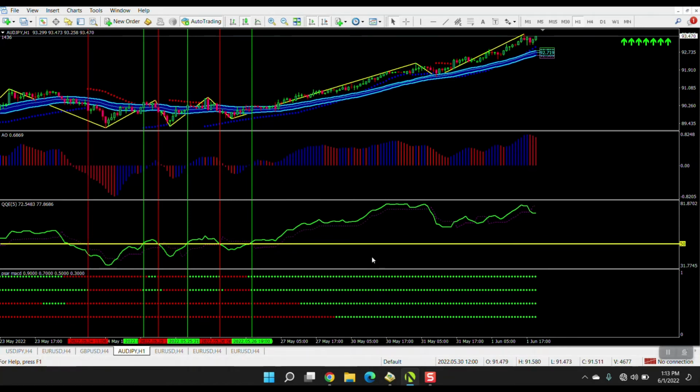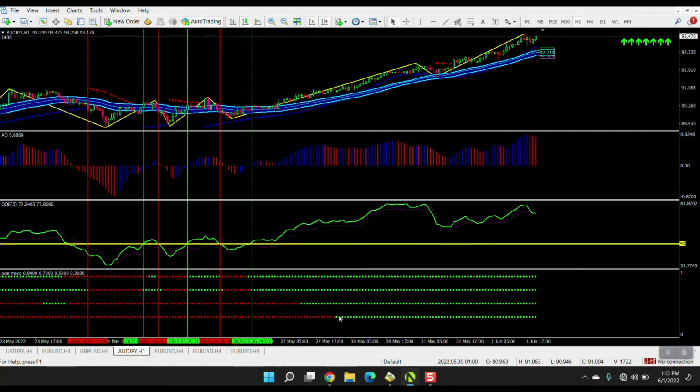Here's yet another way. No, this is a 1-hour chart. And it's a different pair too, AUD/JPY. You can see back and forth, back and forth. The price was moving up, but the awesome oscillator was up, down, up, down. Well, how do we stay in the trend and keep from bouncing in and out?